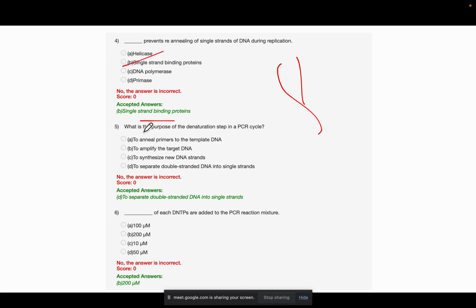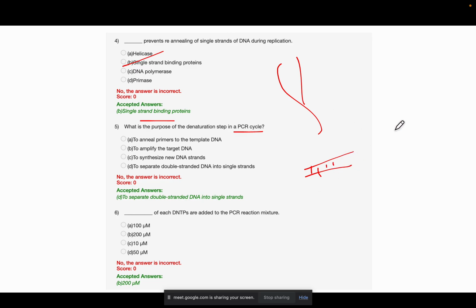Next question, what is the purpose of the denaturing step in a PCR cycle? We have read about PCR. We basically amplify a certain size of DNA. We have double stranded DNA, and those strands are hydrogen bonded together.